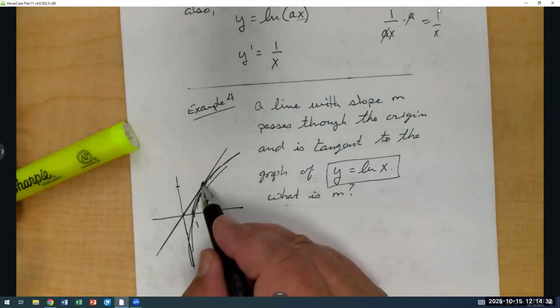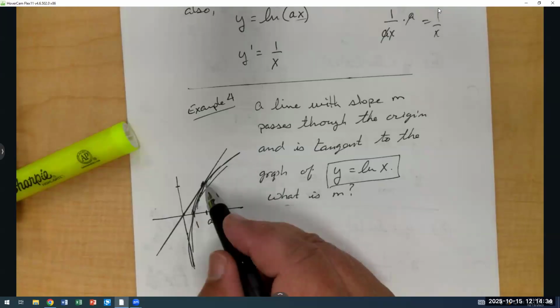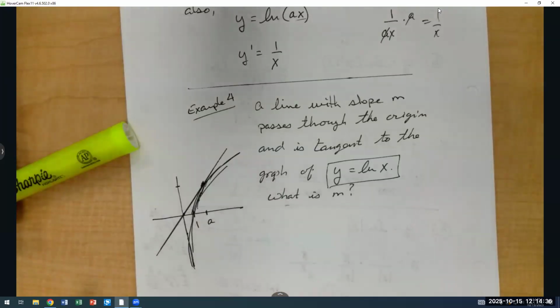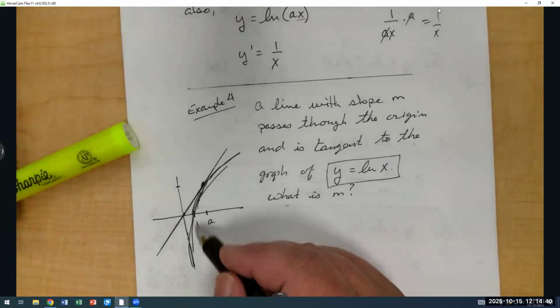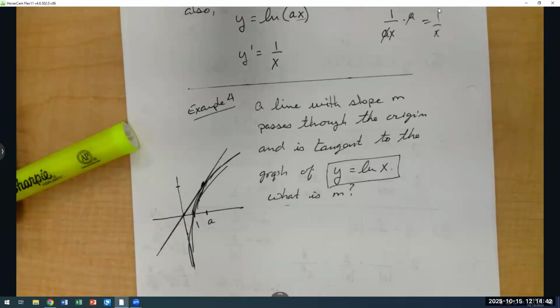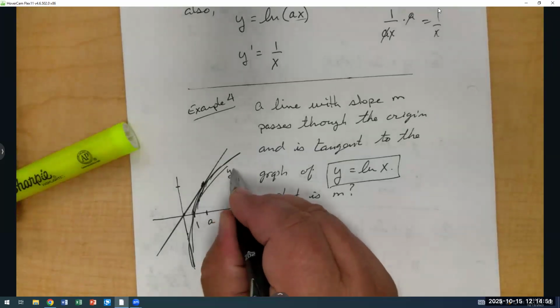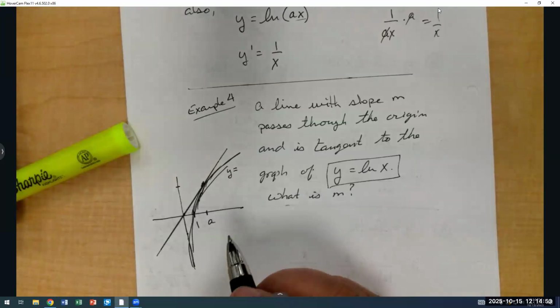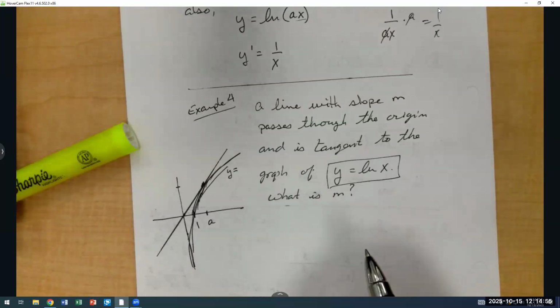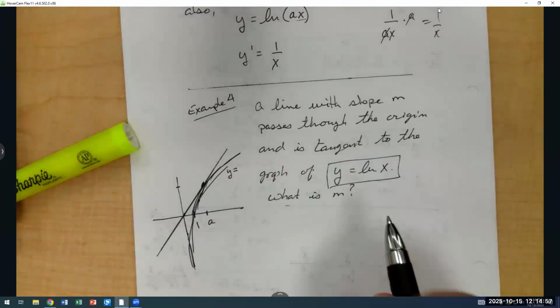So in other words, at this point, the line and the curve both share the same point. What's the point on this curve? At a. The equation for this curve is what? ln x.